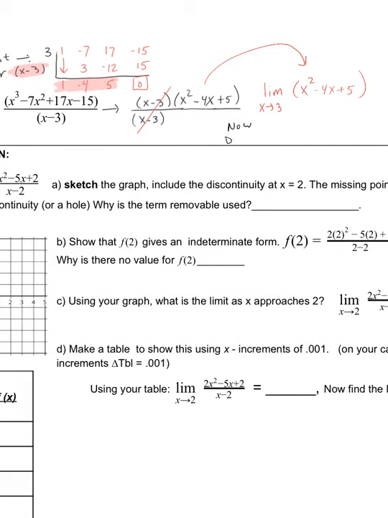So I get 3 squared minus 4 times 3 plus 5. So that gives me 9 minus 12 plus 5, which gives me exactly what I need to have, 2. Okay, so that is how you find a limit algebraically.